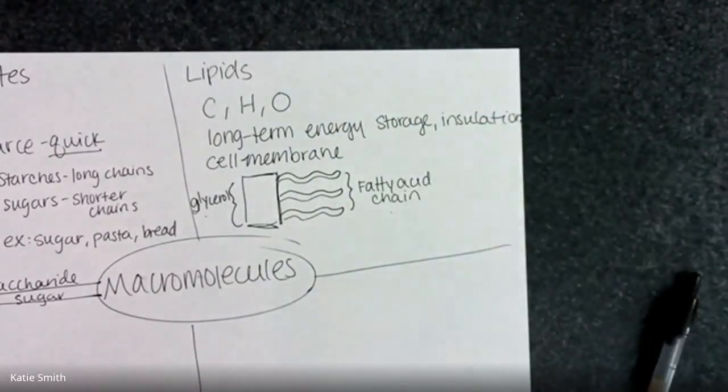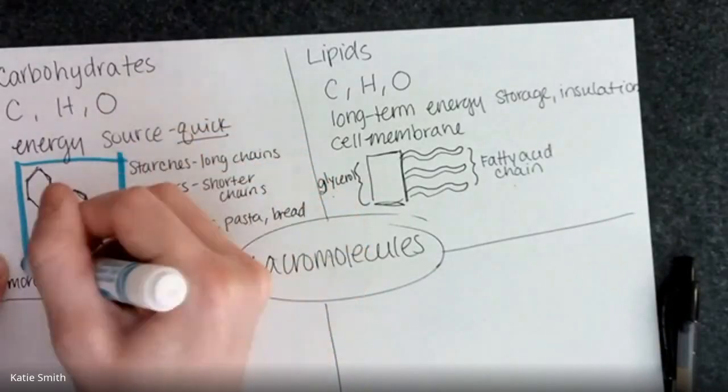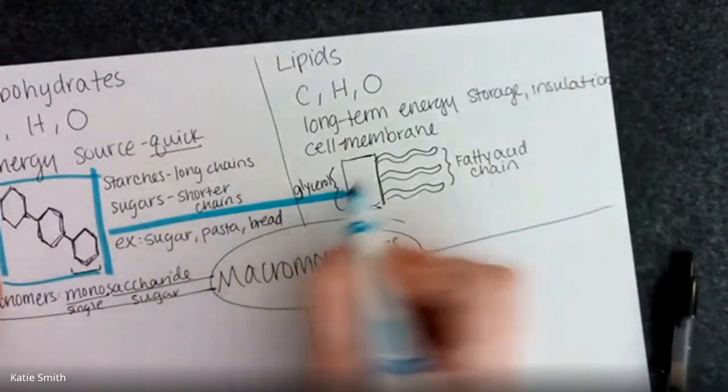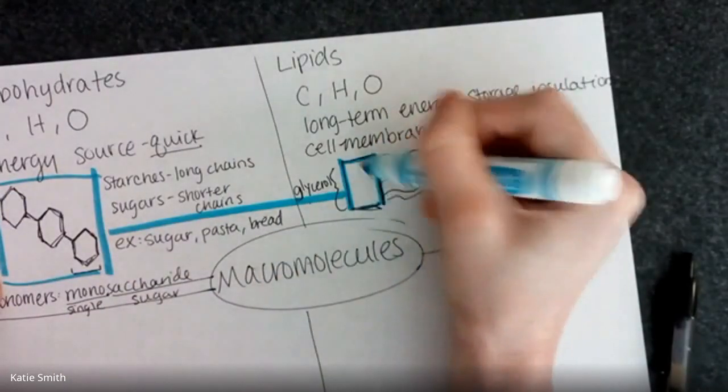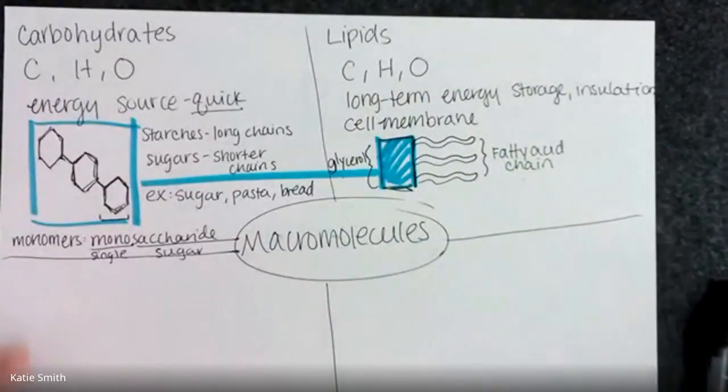It's important to understand, and I'm going to color code here, if you see this carbohydrate here, glycerol is a carbohydrate. So this just shows that these macromolecules will build upon each other to change what they do.